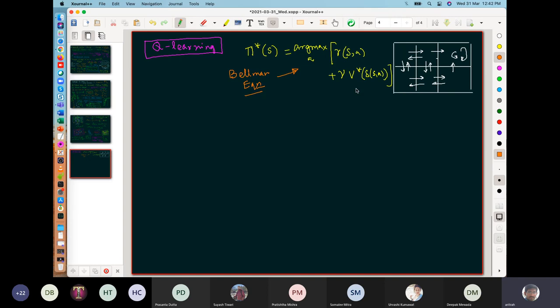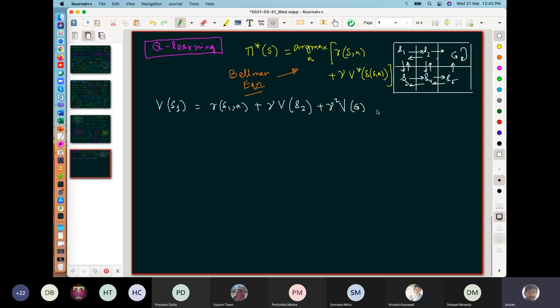Now, in a deterministic setup, you can easily visualize this as linear algebra, multiple equations and multiple unknowns. If I am in states S1, S2, S3, S4, S5, I write the value function at S1 in terms of the reward at S1 plus gamma times the value function of S2, plus gamma squared times the value function of G, the goal state.